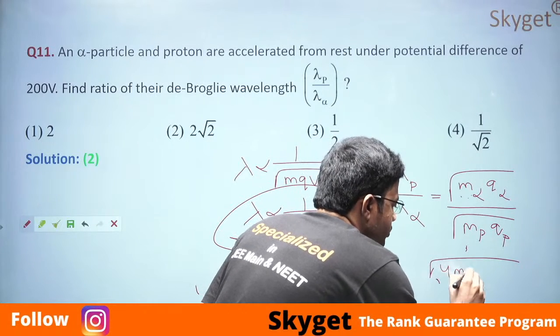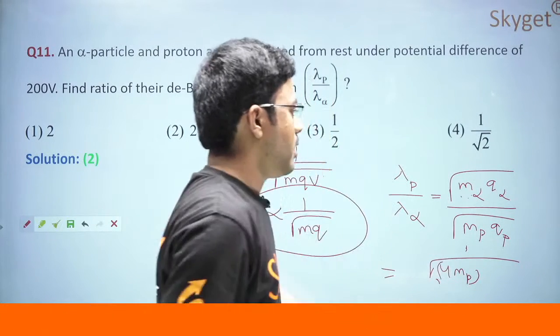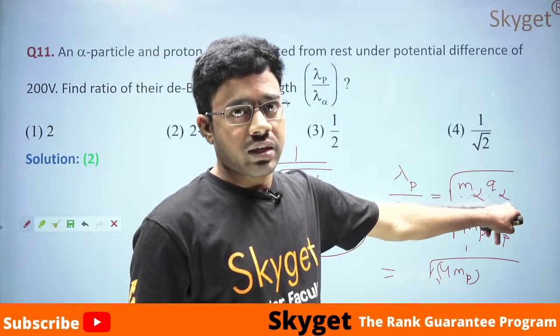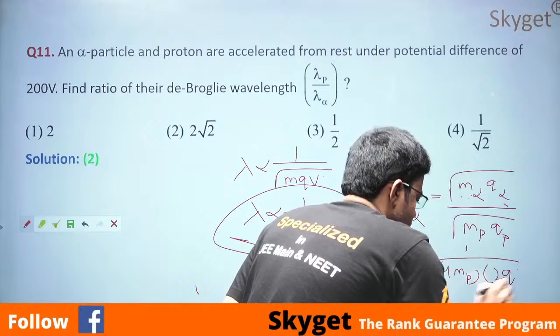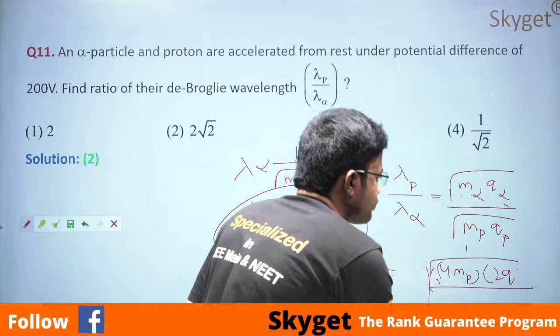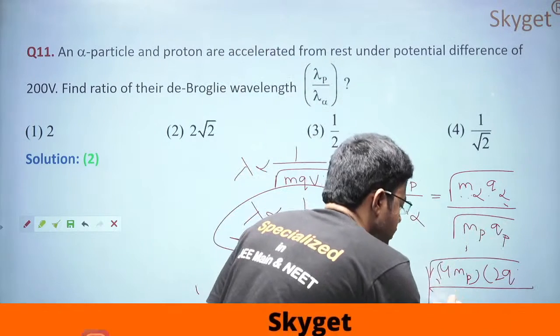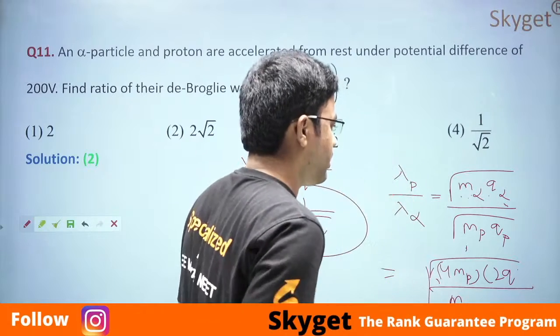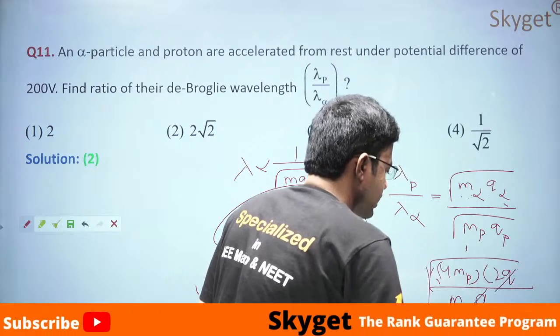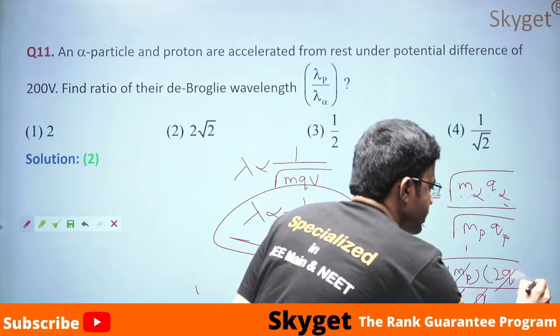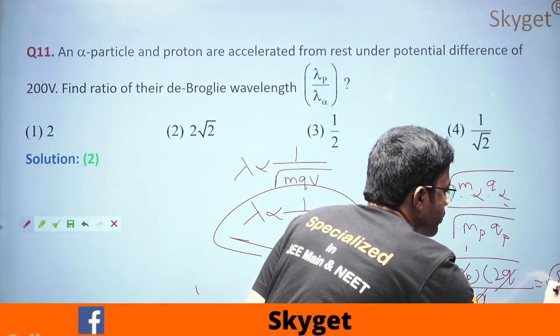So 4 times the mass of proton, into charge of the alpha particle, which is 2 plus, so it is 2 times the charge of a proton, by mass of proton, m suffix p, and the charge of a proton, let us take it as q. So q and q get cancelled, mp gets cancelled, so it is square root of 8 by 1.